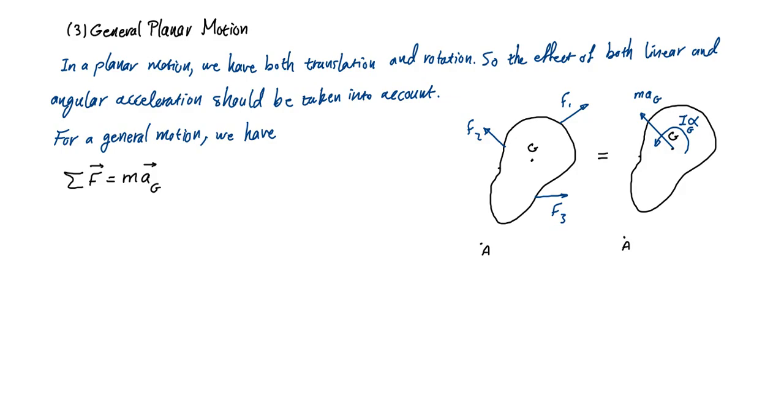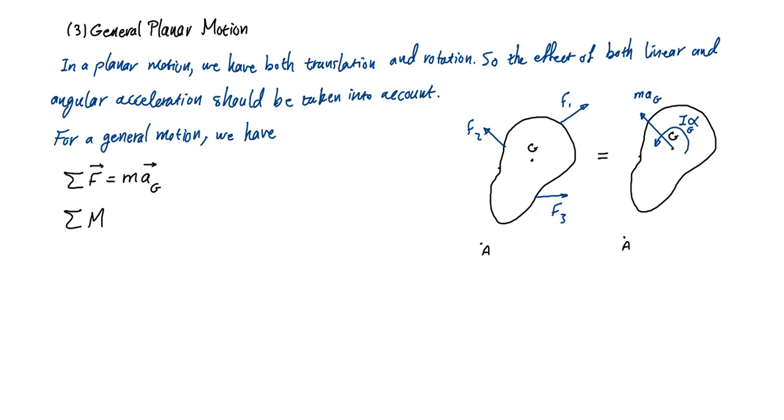For the rotational part, I can say the summation of all the moments. Now I have to write it in a more general term, since in this case the rotation, generally speaking, cannot just happen around the center of gravity. It can happen anywhere, right?